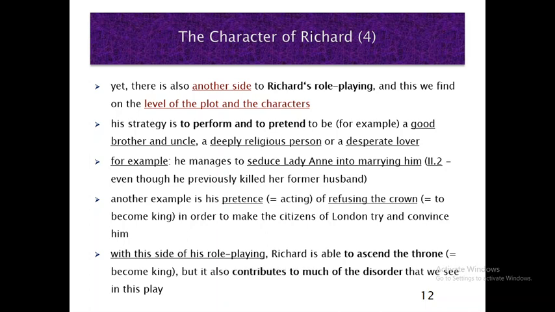And with this side of his role-playing, Richard is able to ascend the throne, that means to become king, but it also contributes to much of the disorder that we see in this play.